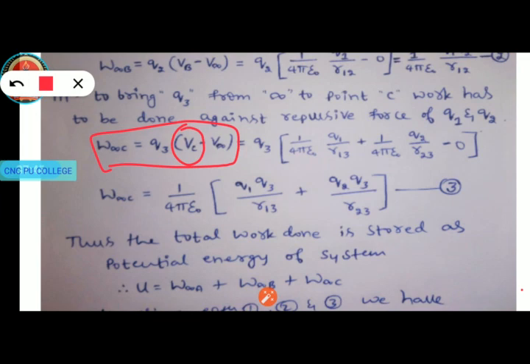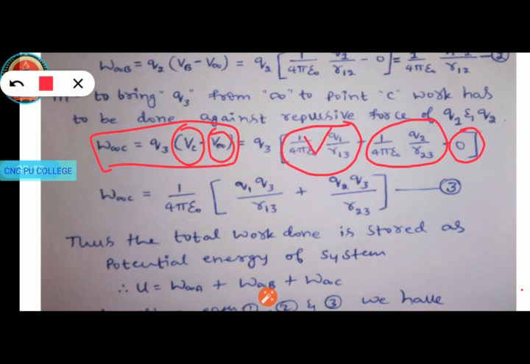Why we are writing this equation: this is due to the charge present at position A, that is Q1, having distance R13, and here the potential at C due to the charge present at B, that is Q2, having the separation R23, and V infinity is 0.